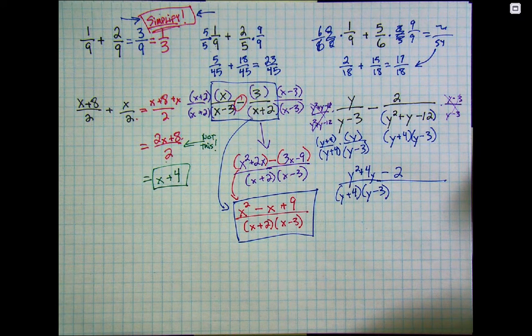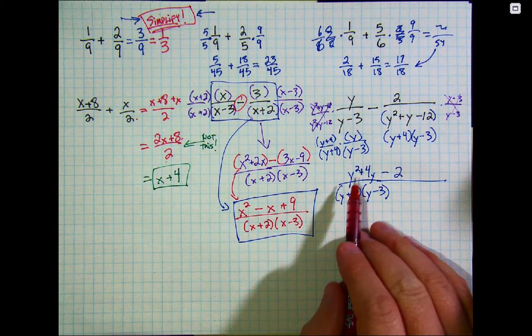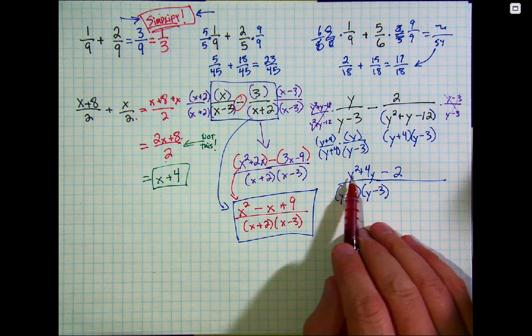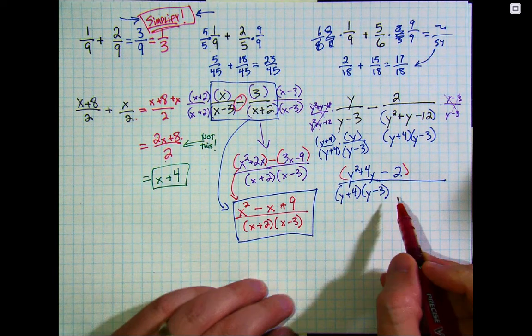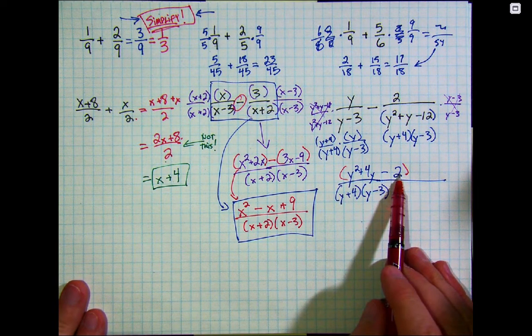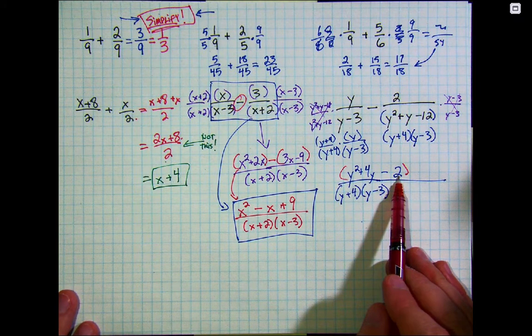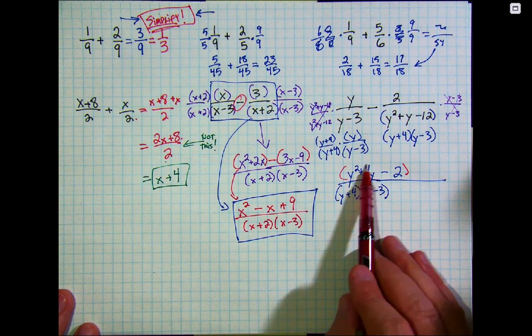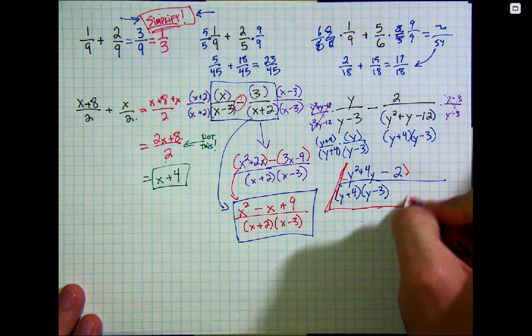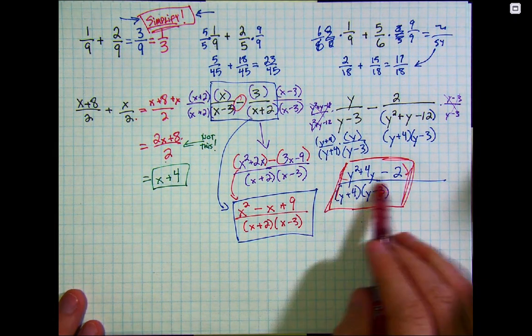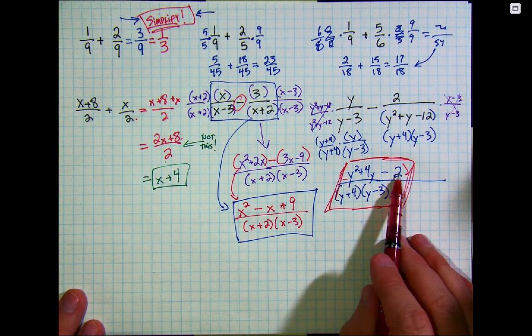And finally, I'm just going to look at this and ask myself, is there any way that this might factor and cancel with one of those? So let's check the magic numbers. 2 is either 2 times 1 or 1 times 2. I don't think there's any way that you could do magic numbers here. So this is your final answer, unless I'm missing something on that, but I think that's it.